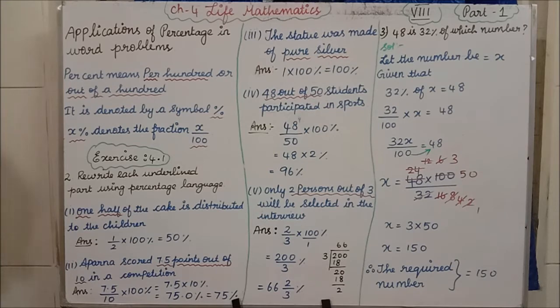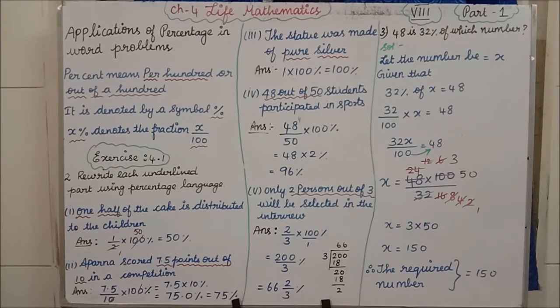The 0 and this 0 get cancelled, so what remains is 7.5 into 10 percentage. When I multiply 7.5 into 10, I get 75.0. So it is 75 percentage.